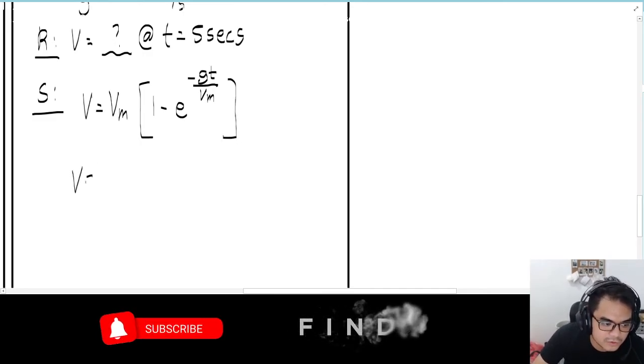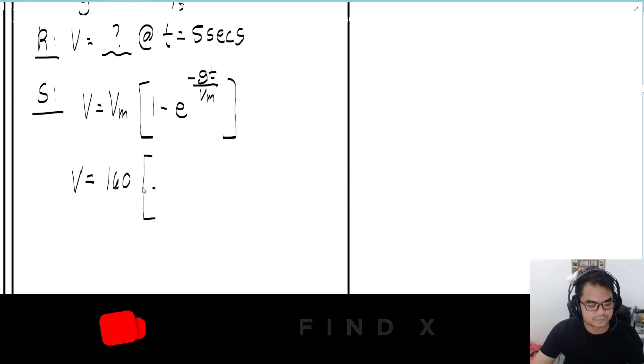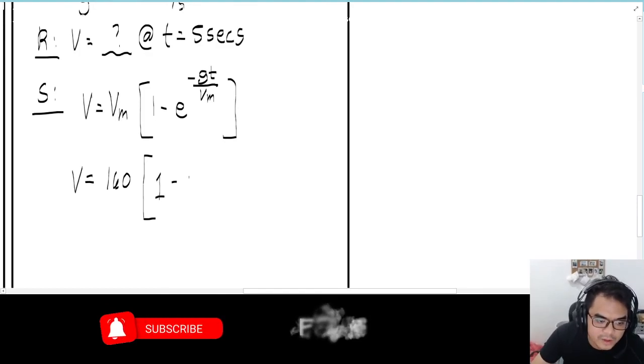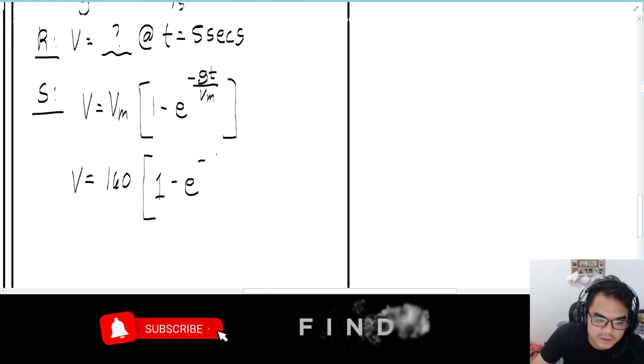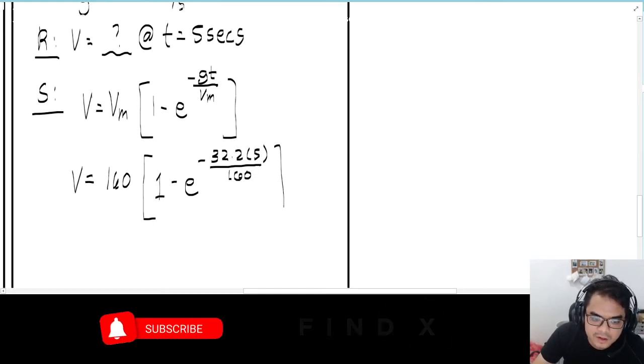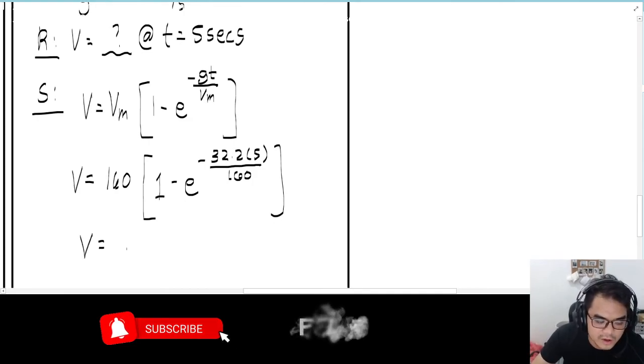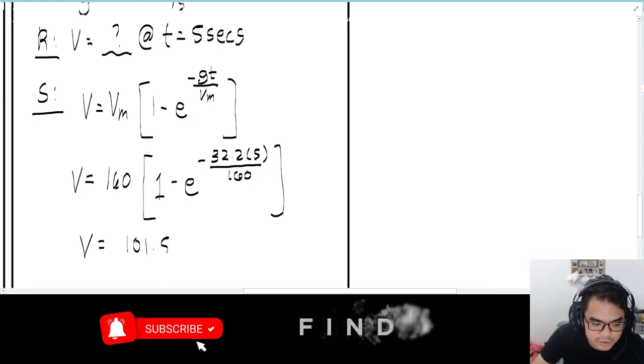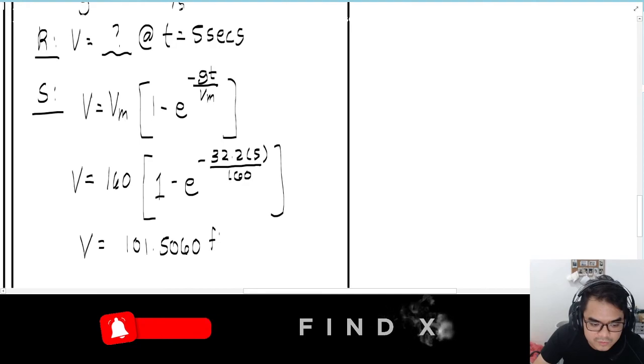And then all you have to do is just substitute the values. You have your 160, the Vm, times 1 minus e raised to negative, this is 32.2 times 5 seconds all over 160. And if you will use your calculator here, you have 101.5060. So this must be in feet per second. Therefore, this is your answer.